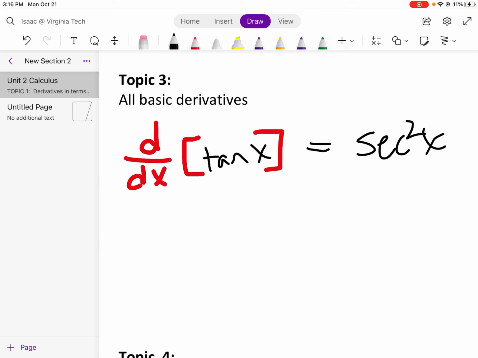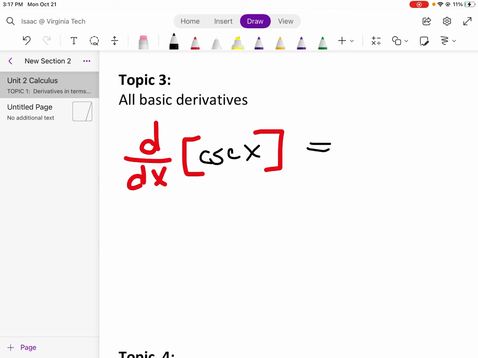If you really wonder why it turns out to be like that, there is a way to find that out, but at least for my purposes, just memorize them. It doesn't matter if you know why. That might not be true for every class, but at least for what I do. So just memorize them. Secant squared x. Now, of course, we have to get into the dumb ones. Cosecant x.